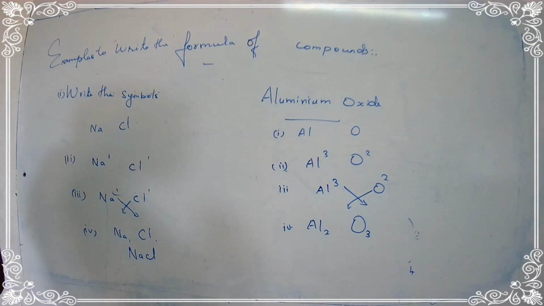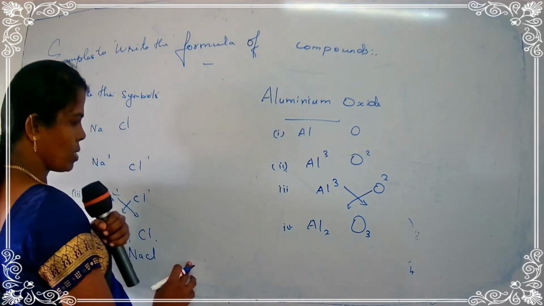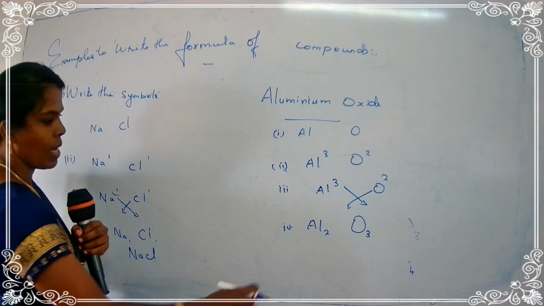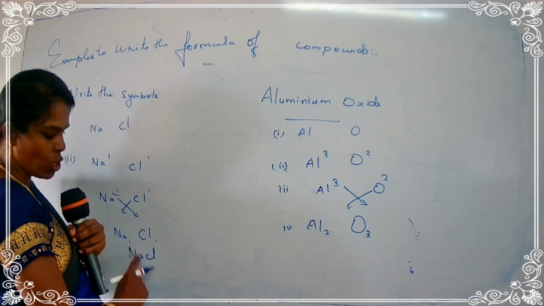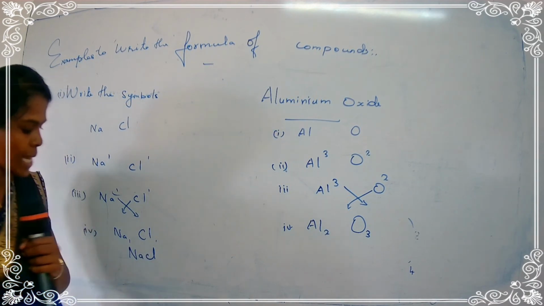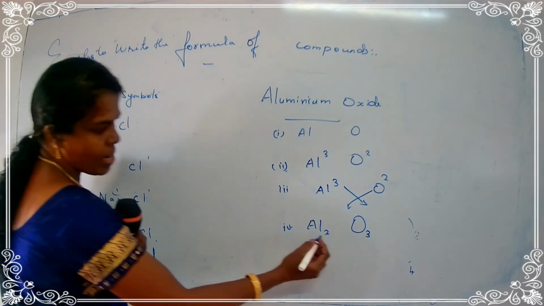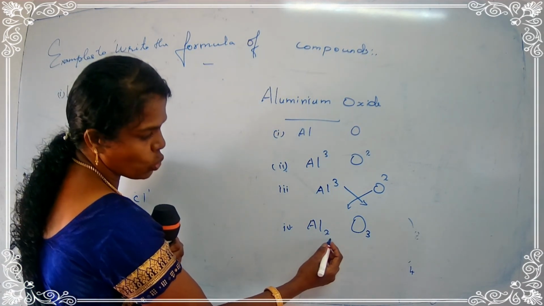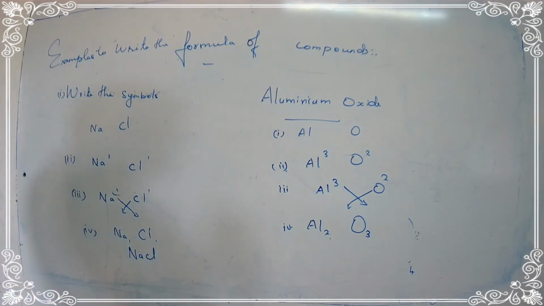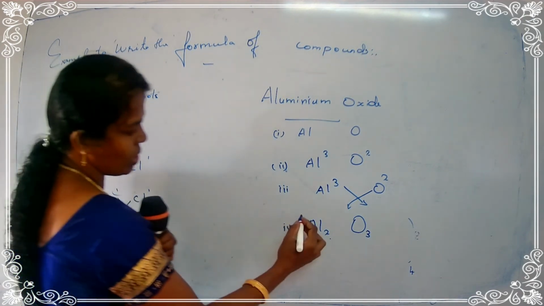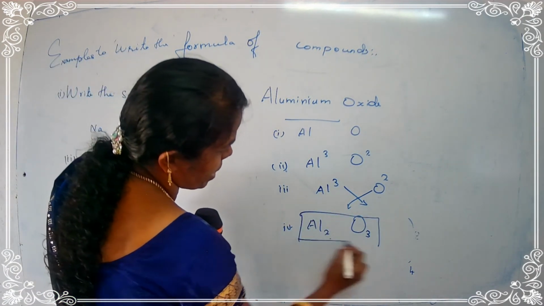This is the chemical formula of aluminium oxide. Here the superscript is only 1, that's why we are not writing that. So here 2 is here, 3 is there. So what is the formula of aluminium oxide? Al2O3. This is the formula of aluminium oxide.